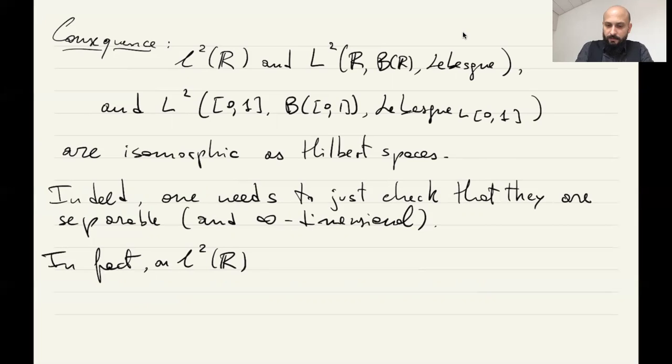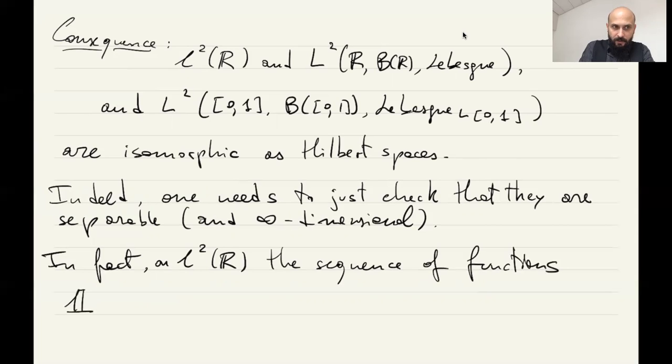So on this L2, the sequence of functions characteristic of n, where n is an element in N. So this is, if you want, the sequence that is always 0, except on the nth element that is going to be 1.